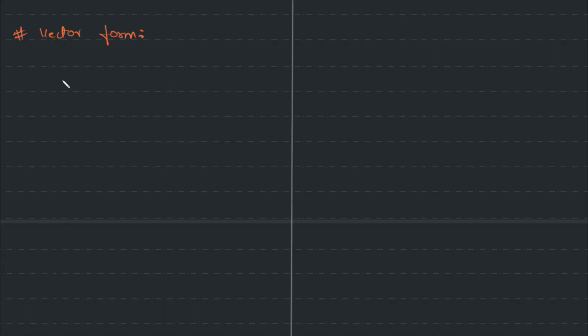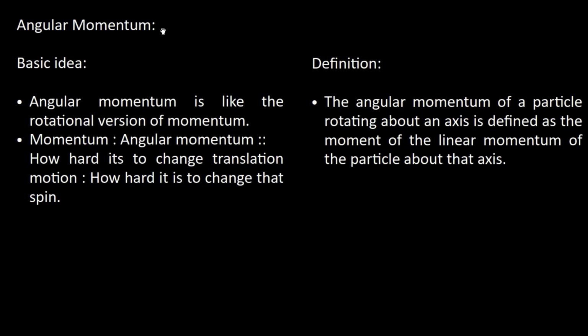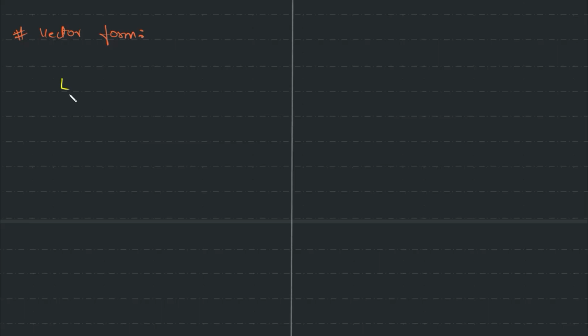Angular momentum is represented by capital L. Please make a note of that. L is equal to the cross product between r and p, where r is the distance and p is mass times velocity.